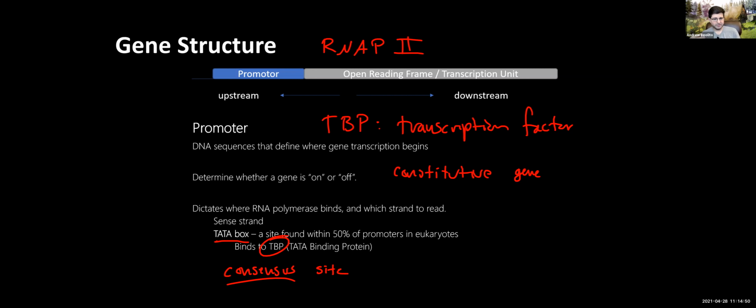Constitutively expressed genes have a TBP site or TATA box, because this is not specific to a specific set of genes, but kind of universal. So 50% of our promoters have a TATA box. We call this a basal transcription factor. Basal meaning like the basement, universal. So there's basal transcription factors and there are specific transcription factors.